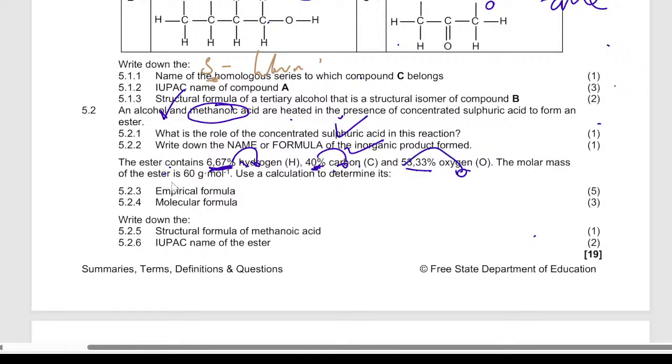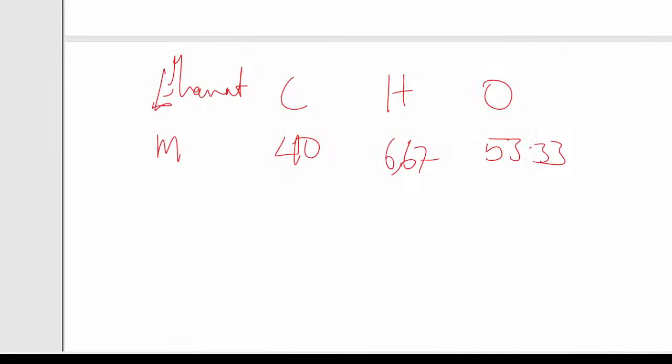The molecular mass is 60. Determine its empirical formula and then molecular formula.